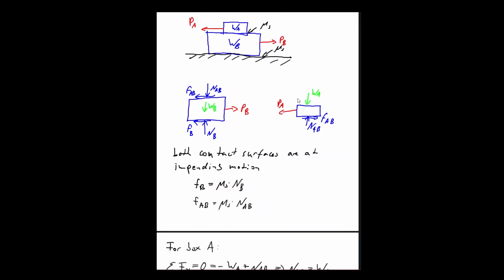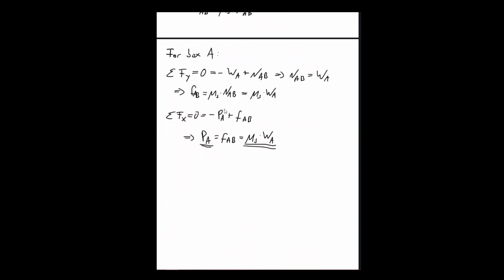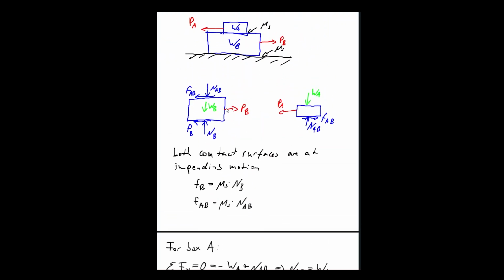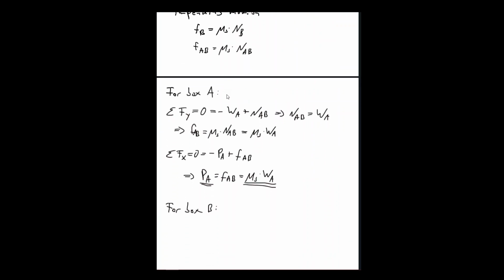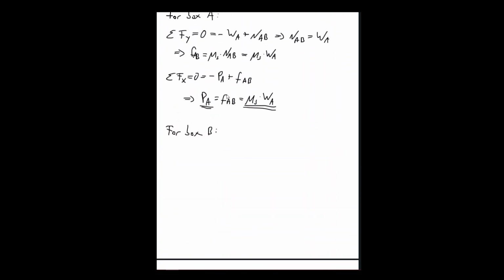All right, that was my small box, so let's go with the big one, B. So for box B, what do we get? Let's see. Now we have NAB, so we can do the same thing. We'll do first the y direction and then the x direction.